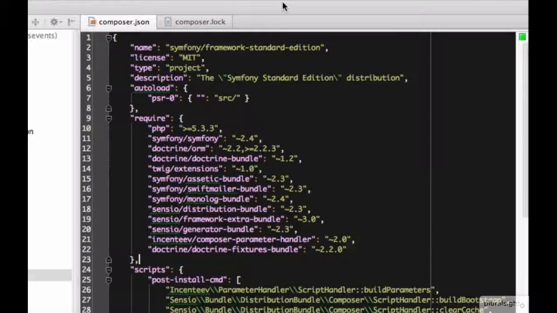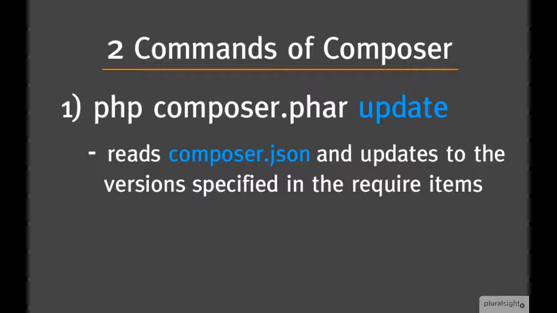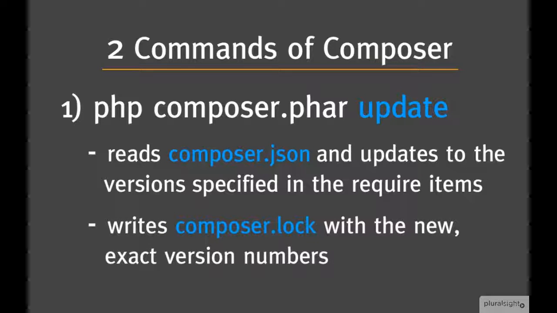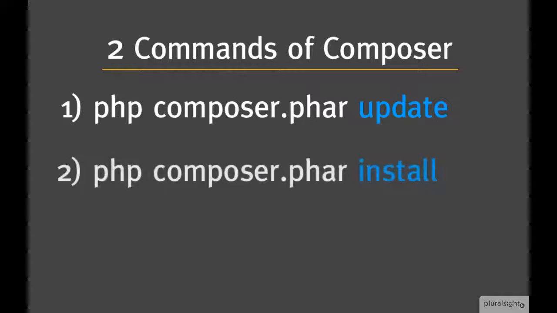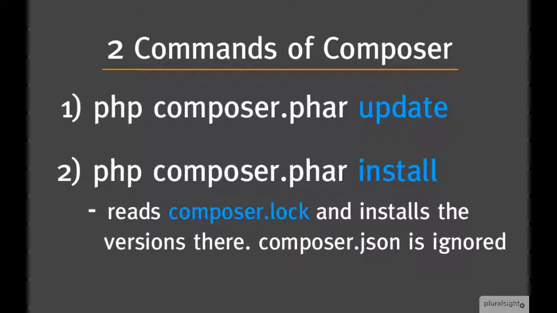That would be lame. Because Composer is definitely not lame, each time the composer.phar update command is run, it writes a composer.lock file. This records the exact versions of all of your vendors at that moment. And that's where the second command, install, comes in. It ignores the composer.json file and reads entirely from the composer.lock file, assuming one exists.